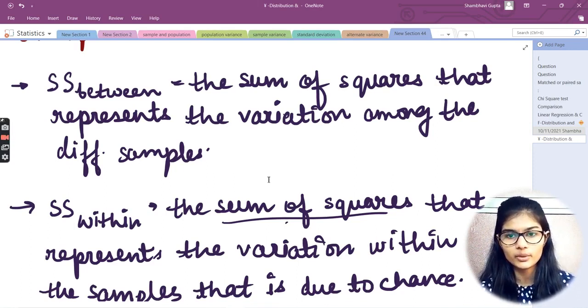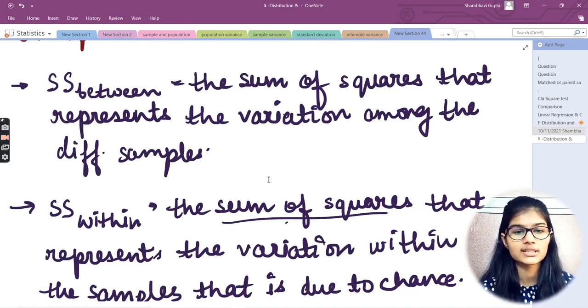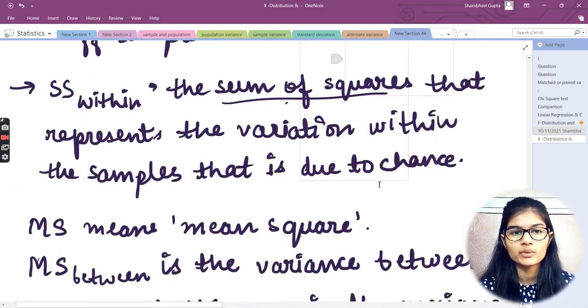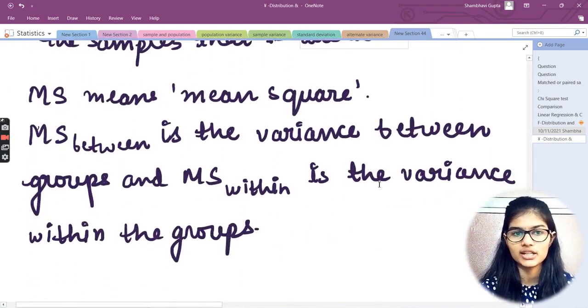It represents the variation among the different samples. When I talk about within, what about the within? SS within is the sum of squares that represents the variation within the samples that is due to chance.